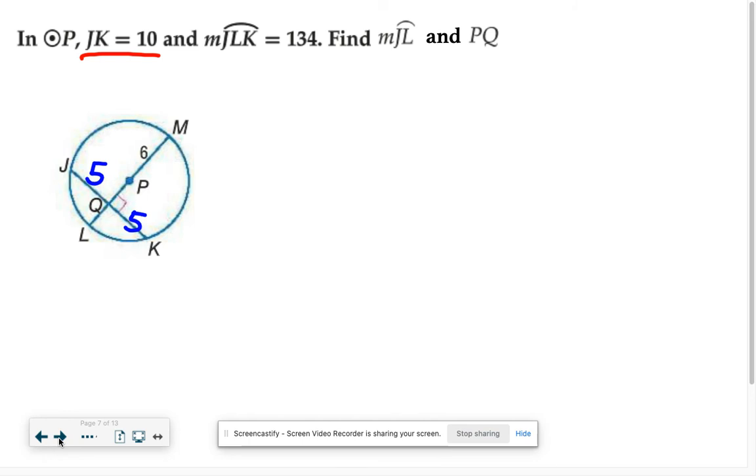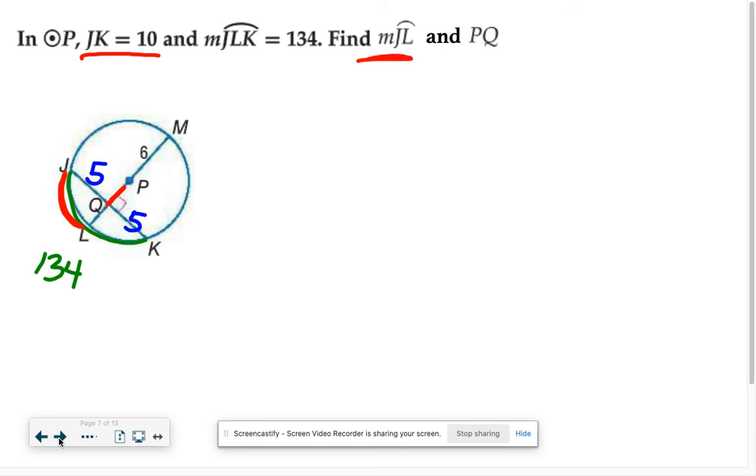Perfect. Then we're told that arc JLK, so this big guy, is 134. And our goal is to find JL right here, and PQ. Those are the two things we're looking for. Let's take care of JL.